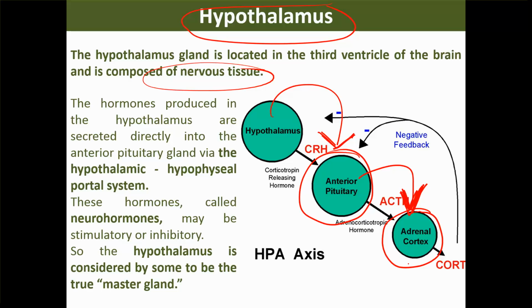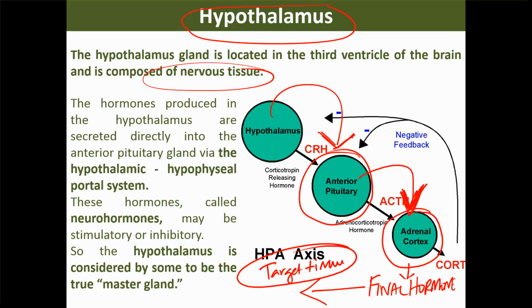Then the other endocrine gland will produce its final hormone. This final hormone goes and acts on all the targeted tissues, and thus they produce their function.